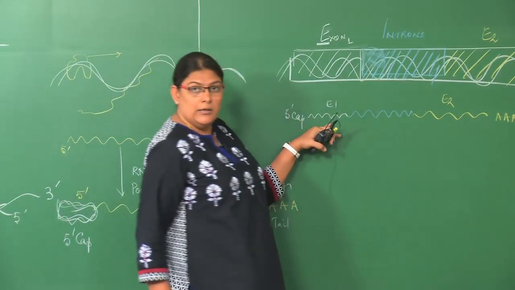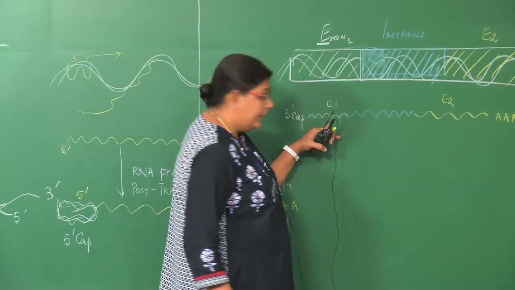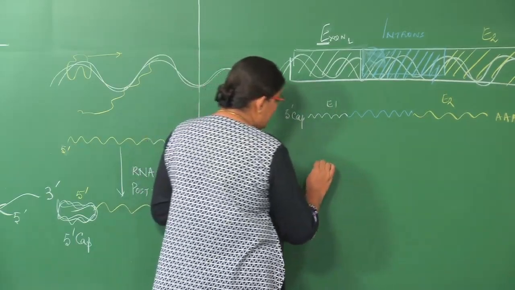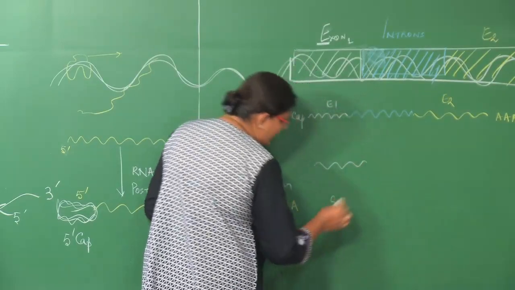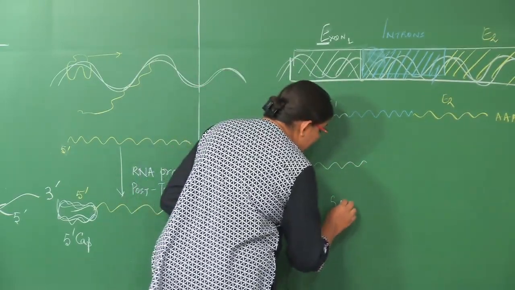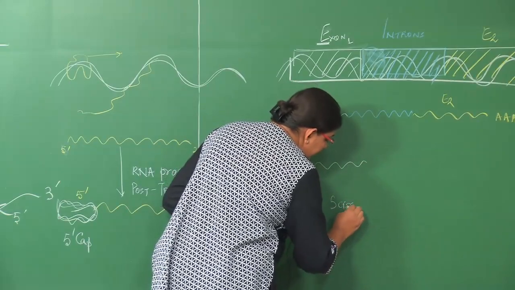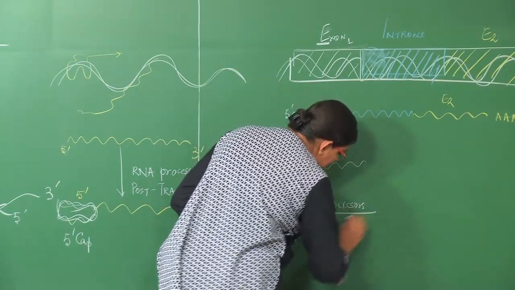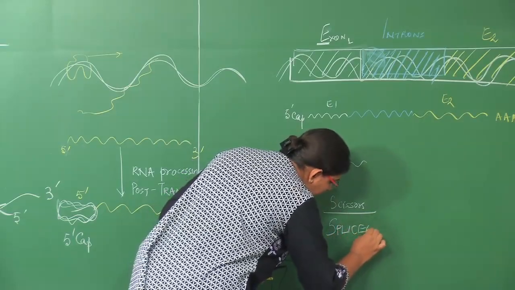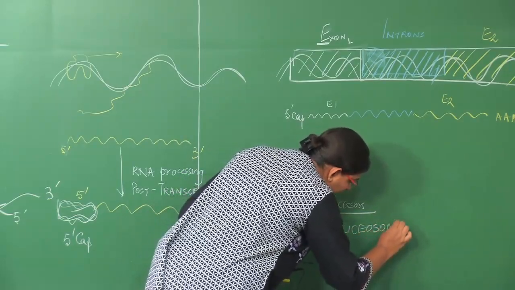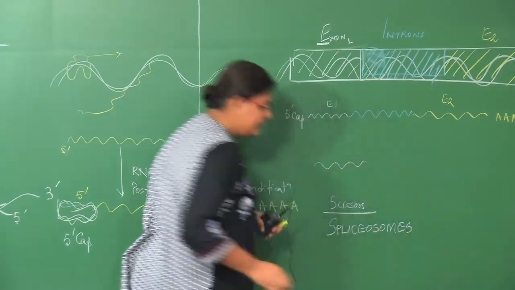Similarly, this RNA is still a pre-RNA, right. What happens is you have a machinery which, let me put it in simple terms, is like scissors. Now, these scissors are called spliceosomes. Do not get into the details of it.